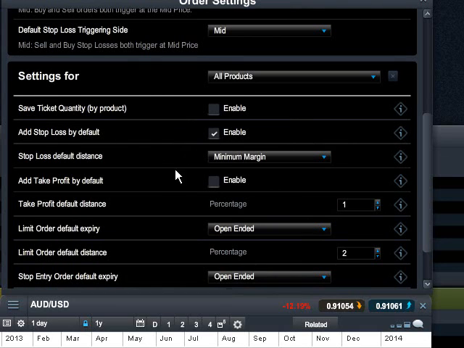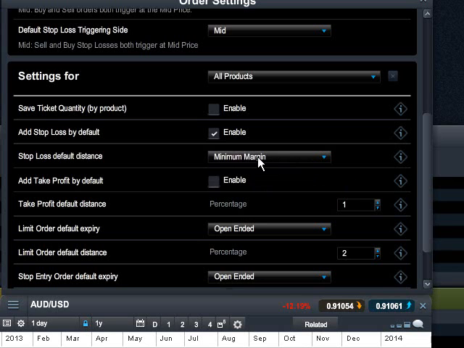All that means is that when you do that, your order ticket will automatically create a stop loss every time you create an entry order, be that a limit order, a market order, or a stop entry order. And if you choose that alternative, then you can stipulate how far away your stop loss will be on the default setting of the order ticket.